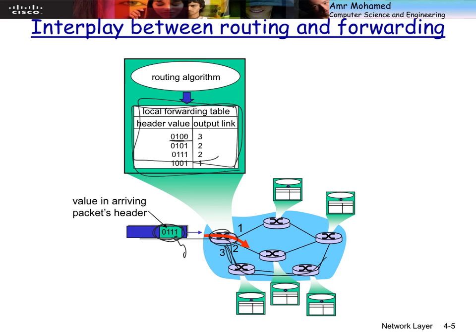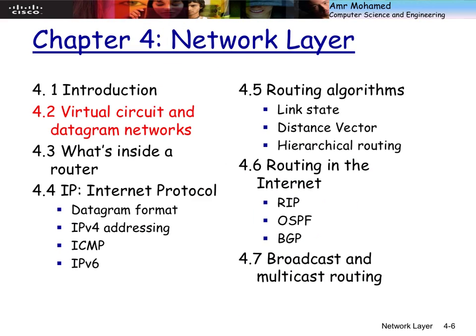This way you can build different routing paths for different destination addresses. So that's the difference between forwarding and routing. One talks about a local decision, the other talks about an end-to-end plan or route.